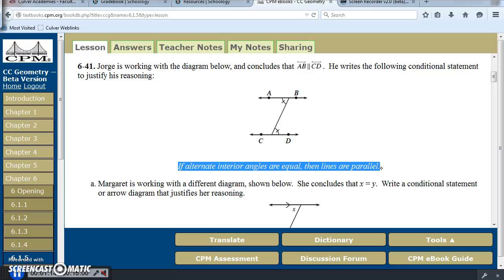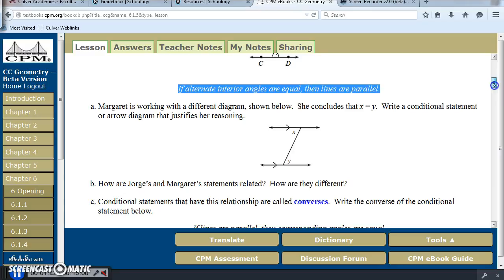What we really see here is alternate interior angles that are congruent or that have measures that are equal. So we might want to correct Jorge's language in terms of this statement. But the idea is that the only time those alternate interior angles will create a situation where they are congruent is when AB is parallel to CD.